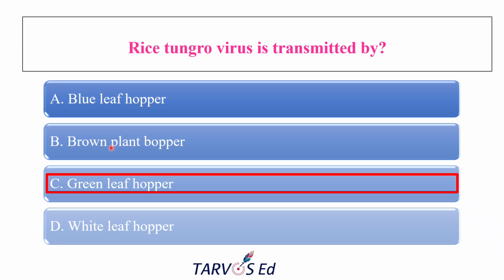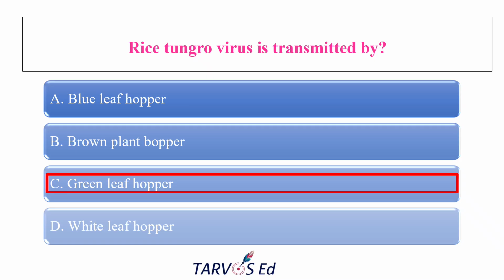Okay, and this BPH causes the hopper burn by direct feeding, but it doesn't transmit the rice Tungro virus. And white leaf hopper, that is Cofana spectra, which is a vector of rice transitory yellowing virus. So everything is acting as a vector, but not for Tungro virus except GLH.